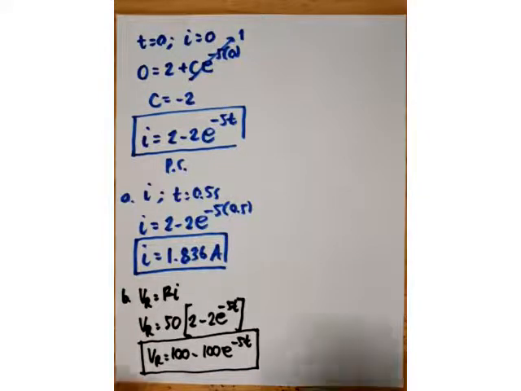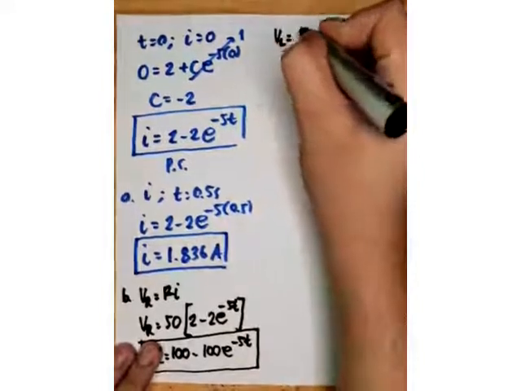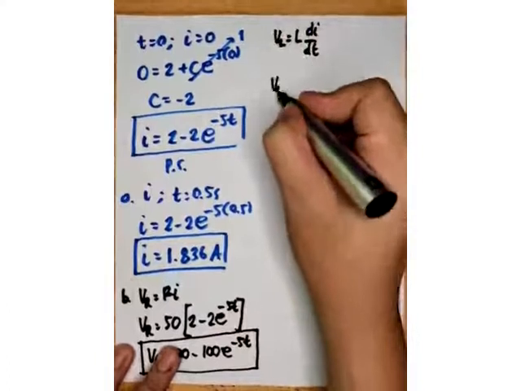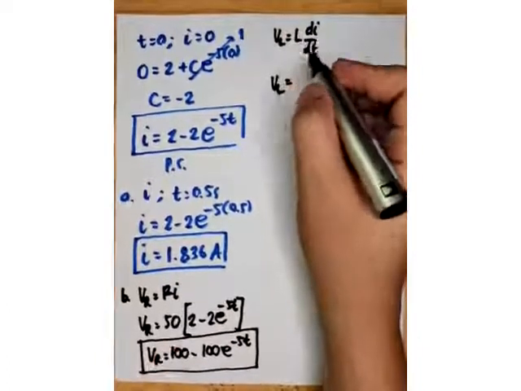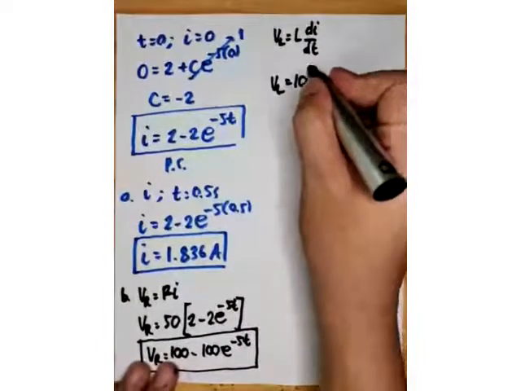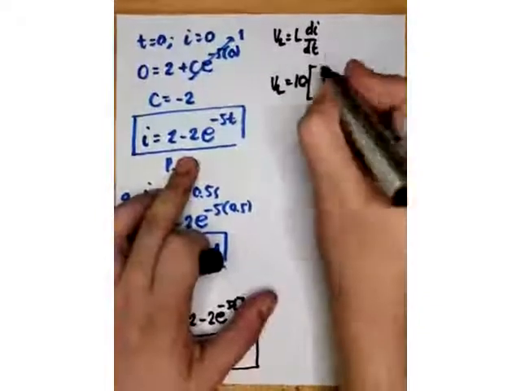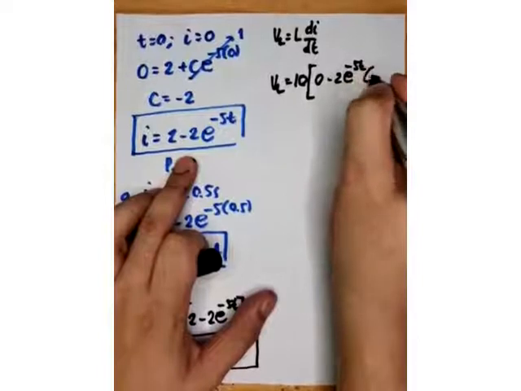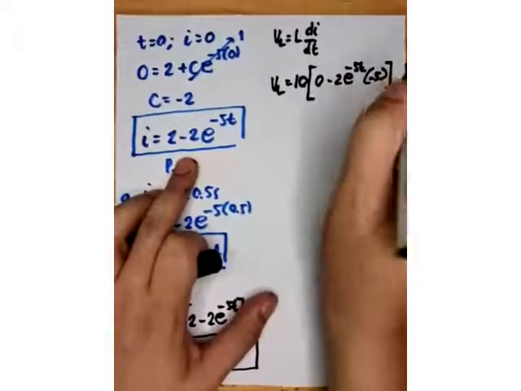Next, how about VL? VL is equal to L di over dt. So what's L? L is 10 Henry times the derivative of this one. So that's 0 minus 2 e raised to negative 5t times negative 5.